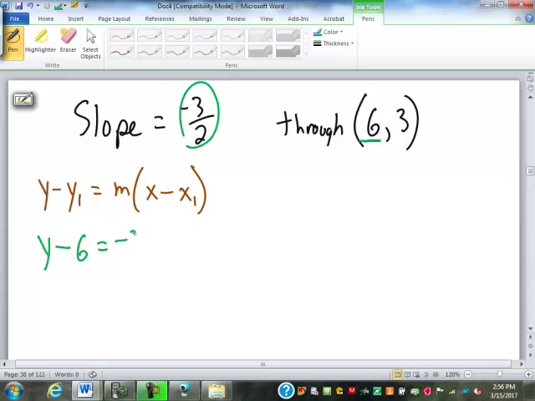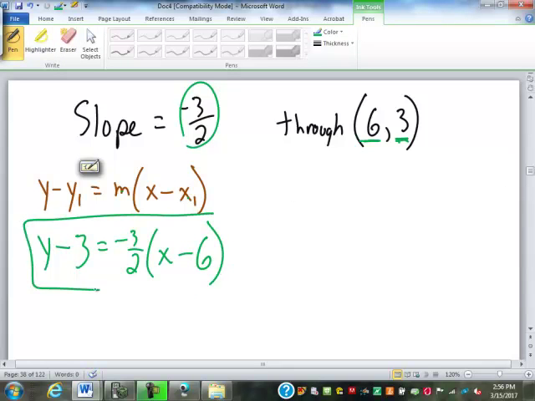Slope. Perfect. The slope of negative 3/2 times x minus what goes in for x1? I screwed up here, didn't I? This should have been the 3, shouldn't it? Yep. So for x1 would be the 6. So there's our equation.